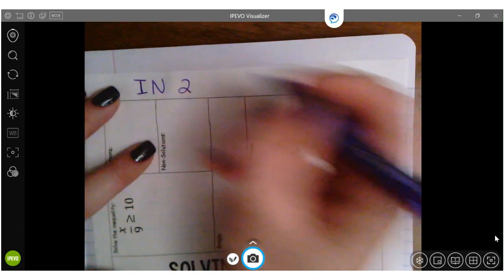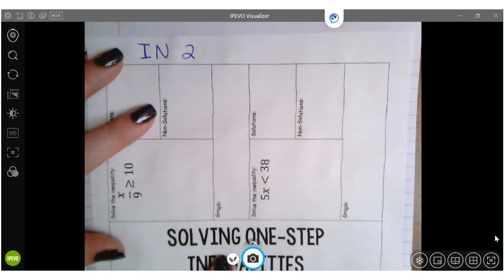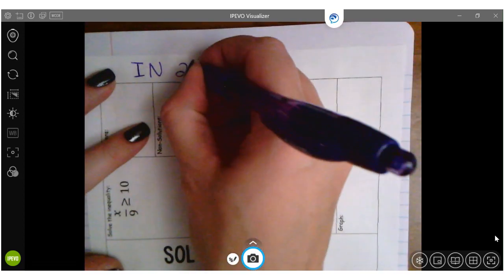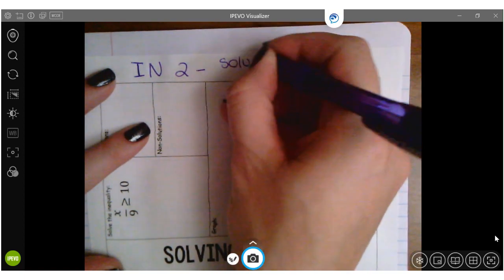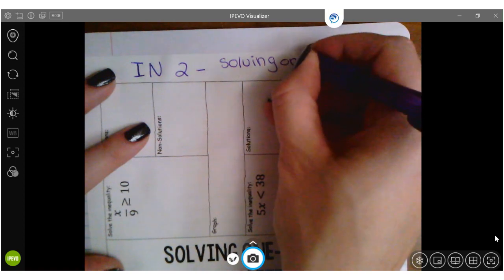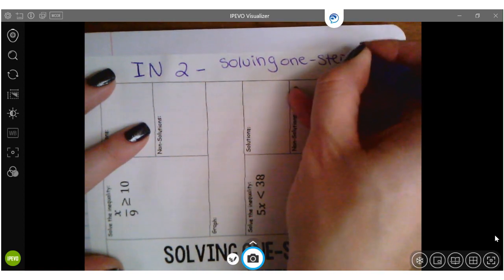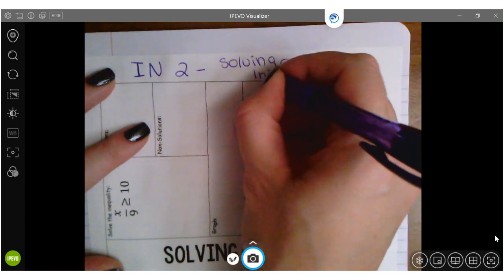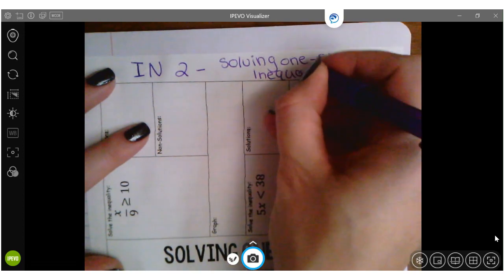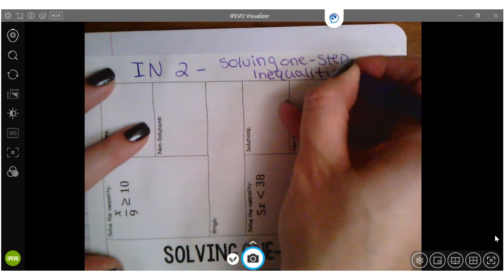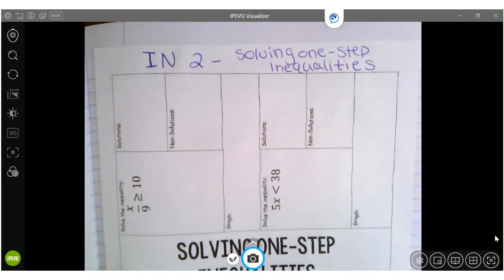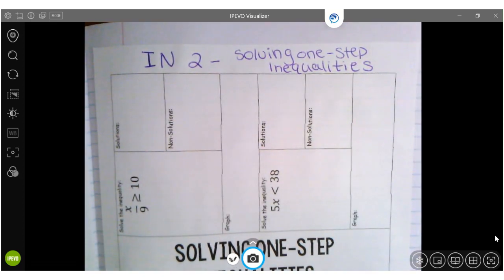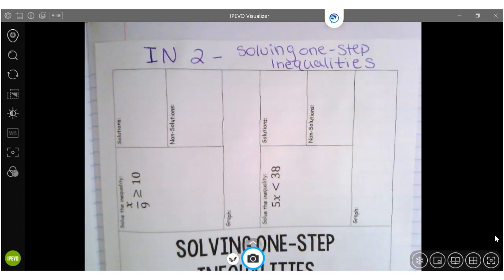This is IN2, which is also listed down below, solving one-step inequalities. I'll write it up at the top so I have a heading. So topic 2 in our inequalities unit, solving one-step inequalities.